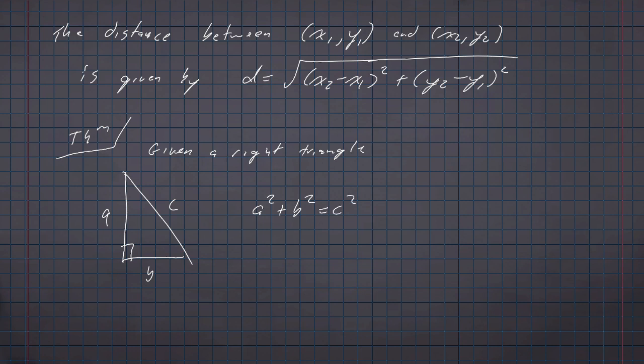And chances are good when you were first introduced to the distance formula, it was shown to be correct in terms of the Pythagorean theorem. We actually take the opposite approach in this course.